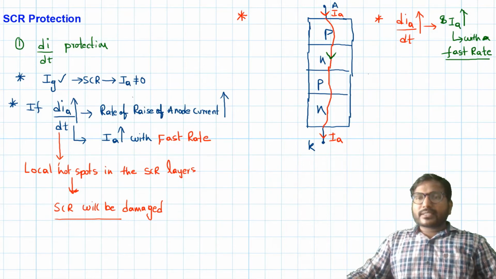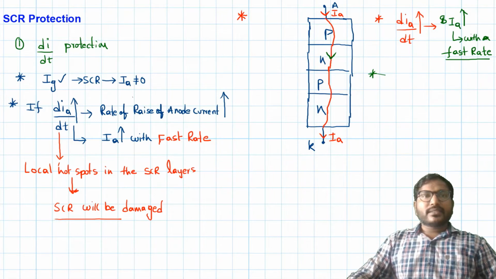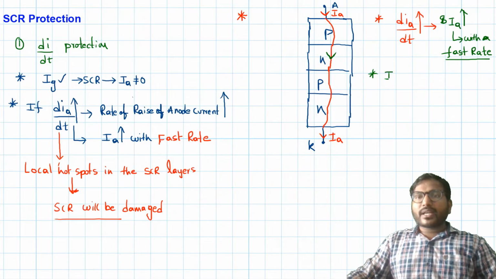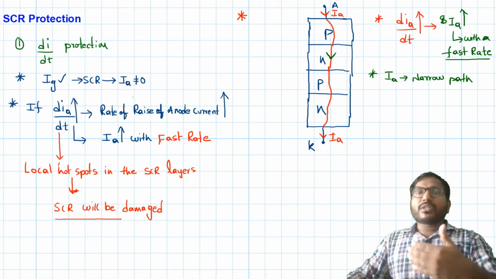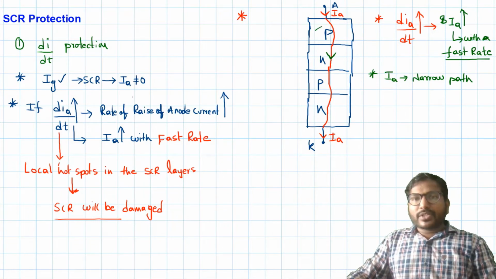In this case, IA is choosing a narrow path, and it takes some more time to distribute throughout the SCR layers.